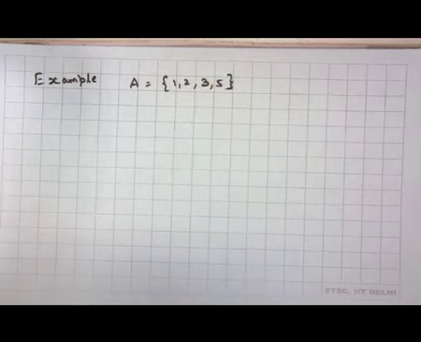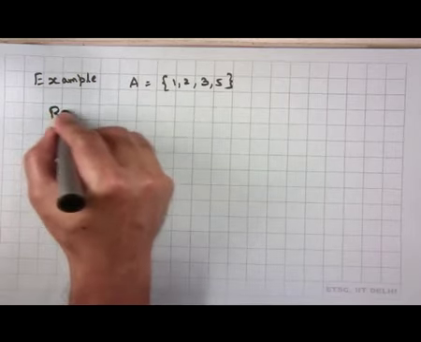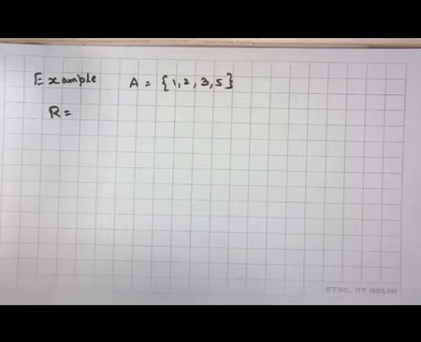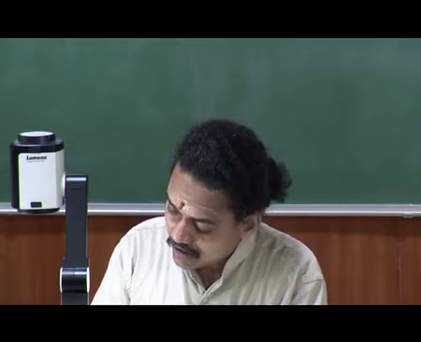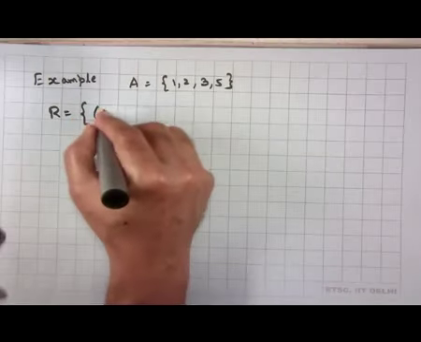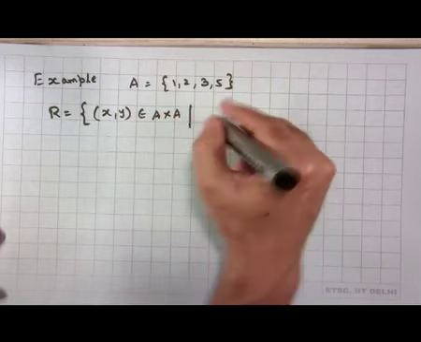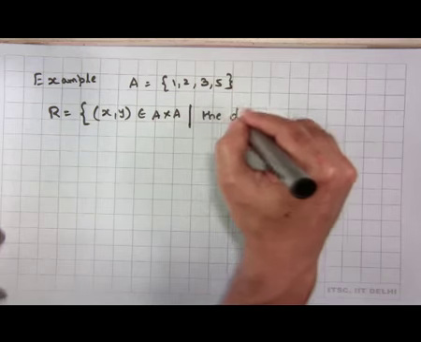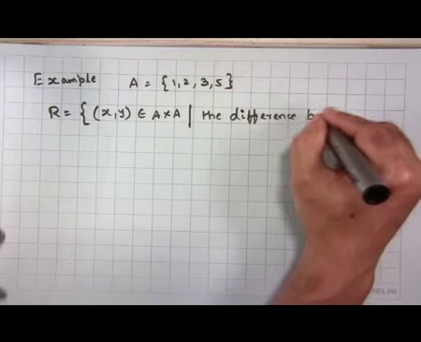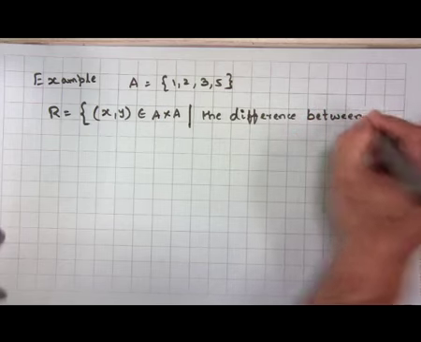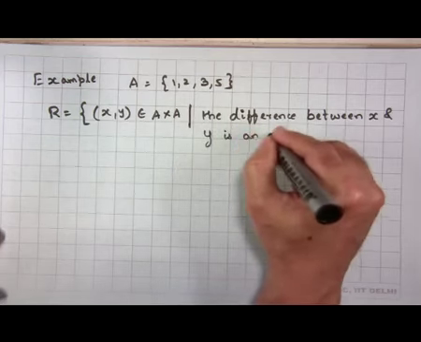But instead of going to A cross B, let us define the relation R on A, that is, this relation R is going to be a subset of A cross A, R as all those (x, y) in A cross A with the condition that the difference between x and y is an odd number.